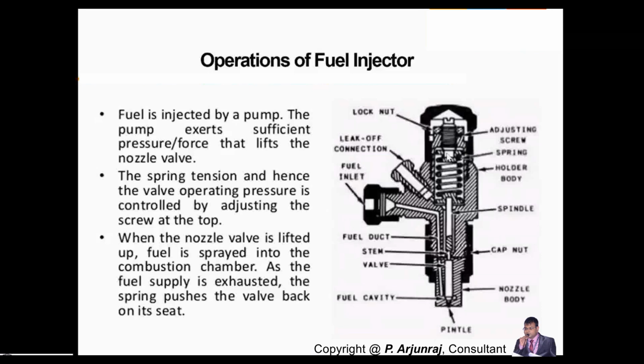Accordingly it will also control the amount of fuel you inject into the nozzle. And when the nozzle valve is lifted up because the pressure is higher, the fuel comes in and gets sprayed into the combustion chamber through this nozzle.